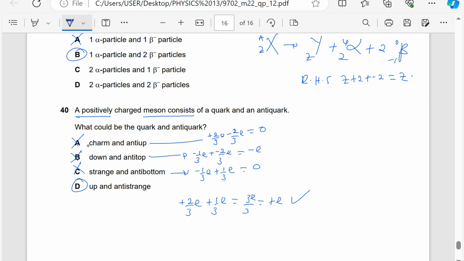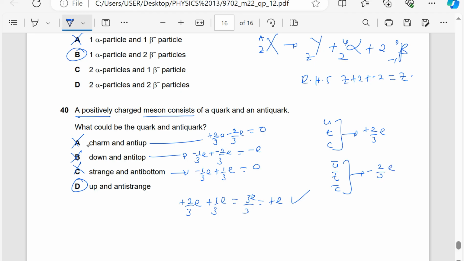So this is positive. For those who don't know the charges, I will say up, top, charm. All these ones have a charge of positive 2 over 3e. Then the opposite, anti-up, anti-top, and anti-charm, just have the opposite charge, which is negative 2 over 3e.